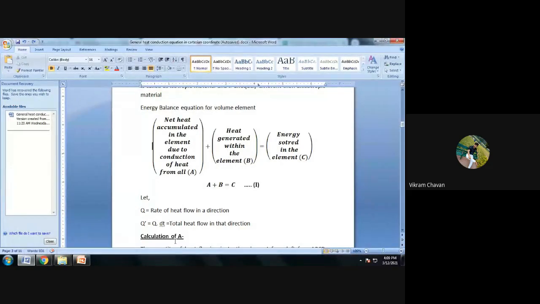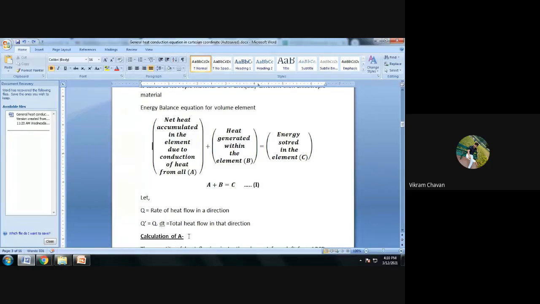Further, what we have done is to consider Q as the rate of heat flow in a given direction. If heat is flowing in the x direction, it will be Q suffix x; in the y direction, Q suffix y; and in the z direction, Q suffix z.